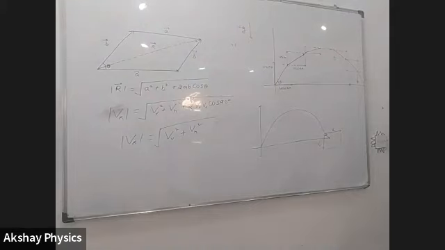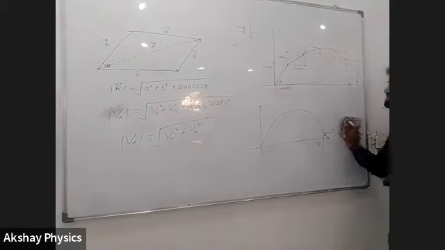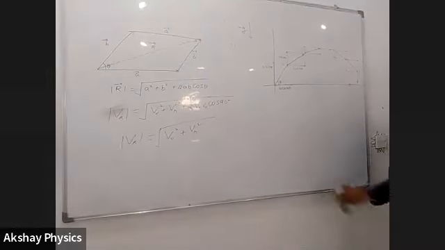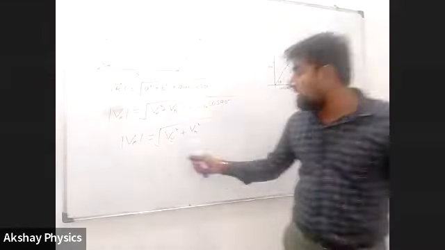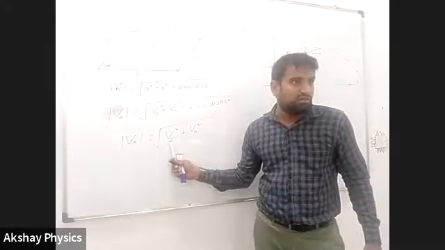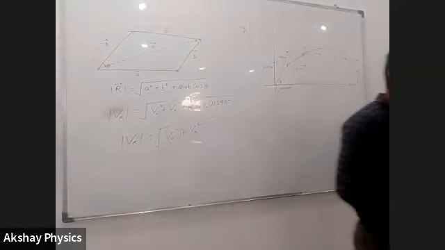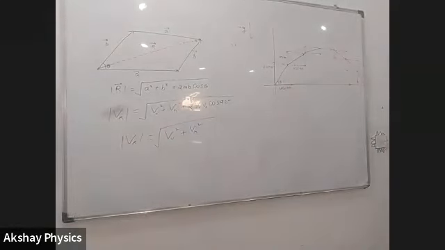Okay, so right now, since I have to add two velocities, first of all I have to find V in the vertical direction and V in the horizontal direction. V horizontal will be u cos theta, 20 cos 35. Cos 35 or cos 25?